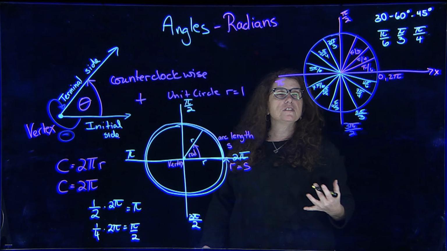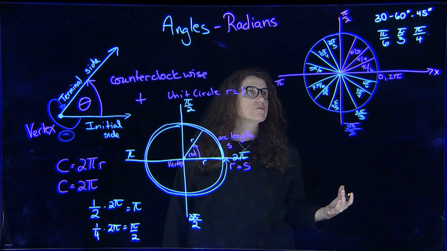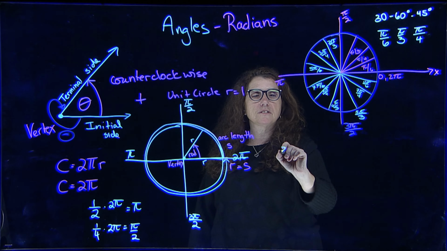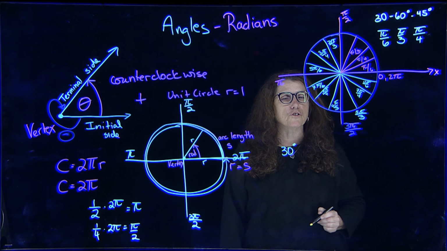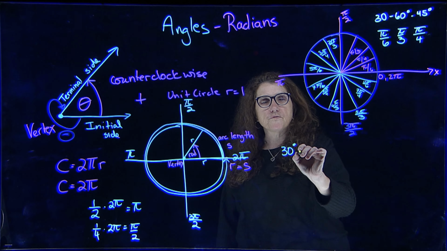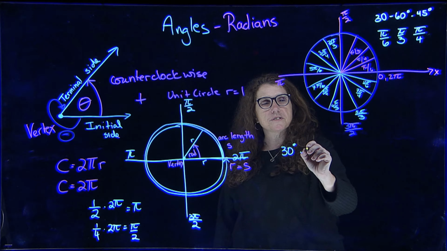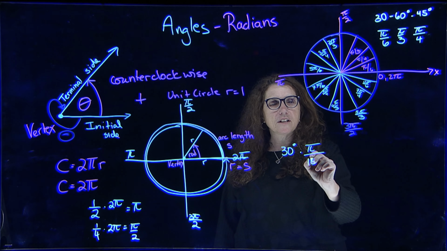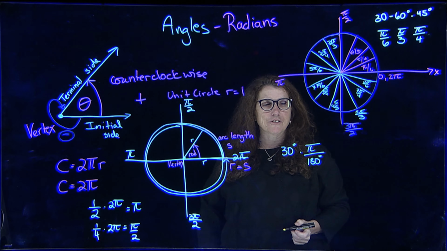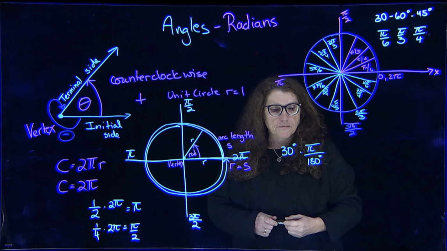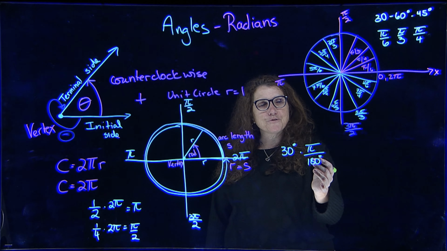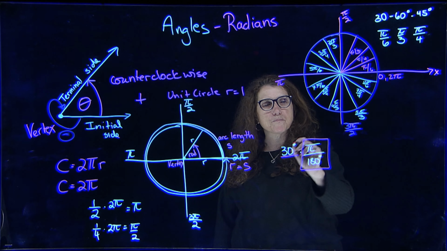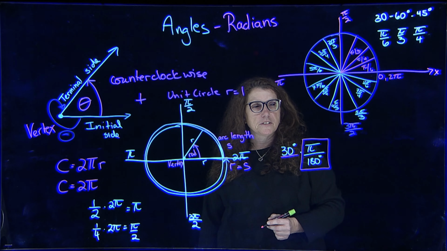Now, what is the conversion from degrees to radians? Let me show you. I claim that 30 degrees is pi over 6. So for the conversion, what I need to do is multiply by pi over 180 degrees. I have to cancel out or reduce my degrees, so my degrees have to be in the denominator with my conversion rate, which is pi divided by 180.